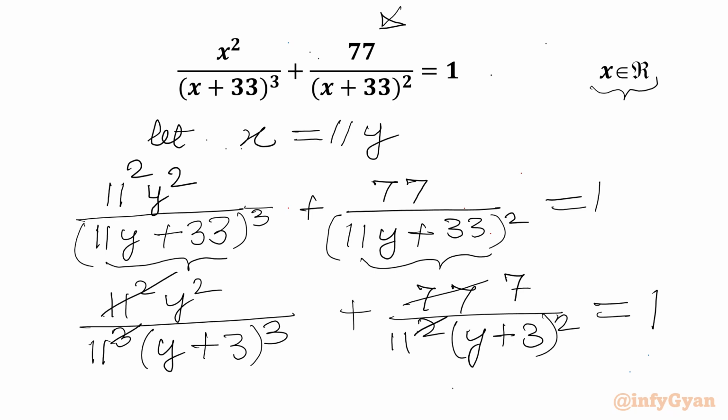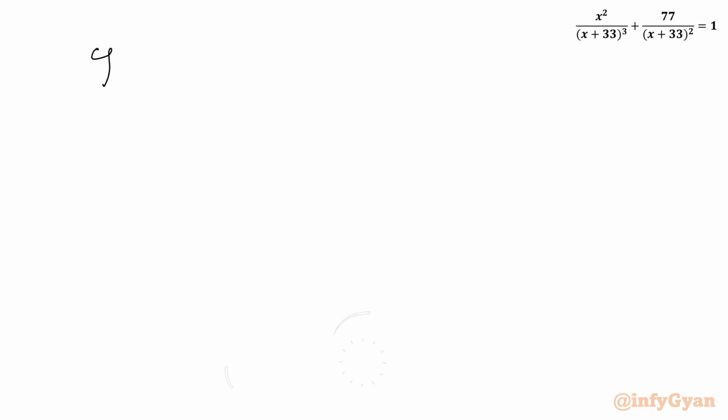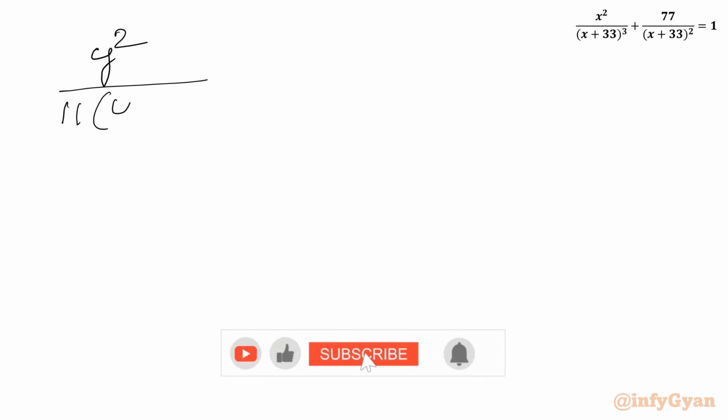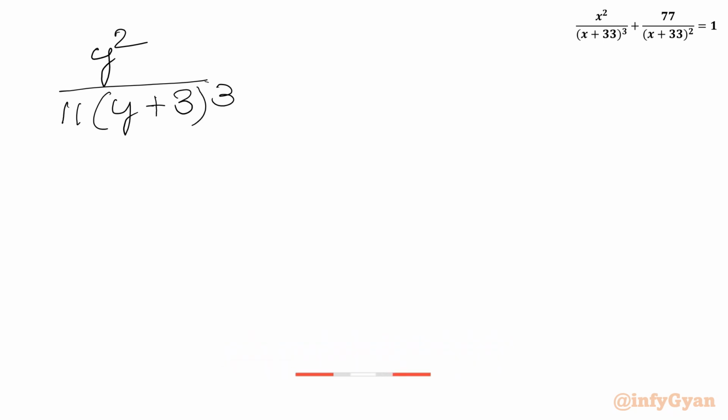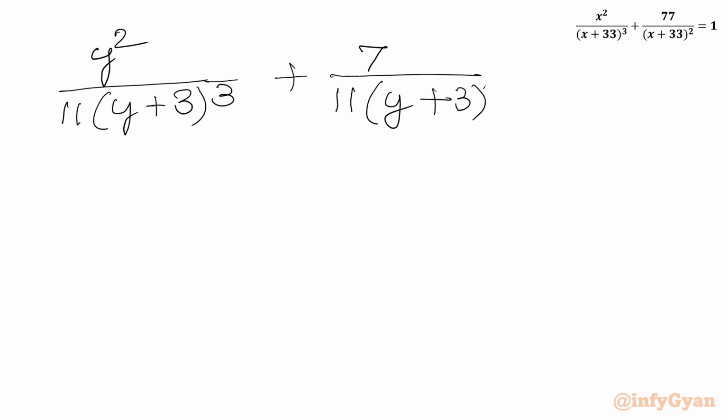So let me write our equation here. y square over 11 times (y plus 3) whole cube, plus 7 in the numerator, 11 in the denominator times (y plus 3) whole square, and RHS is 1.